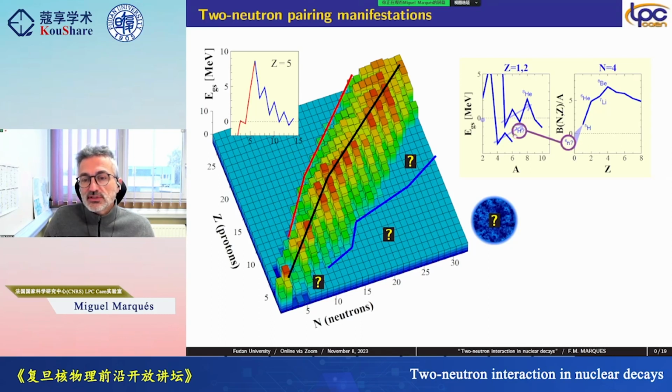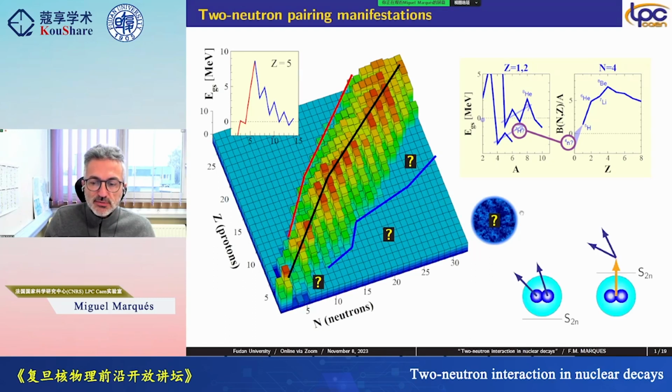So this is one of the programs we are undertaking to understand the structure of hydrogen-7 and its connection to these tetraneutron systems. But today I will only talk about the two-neutron system.